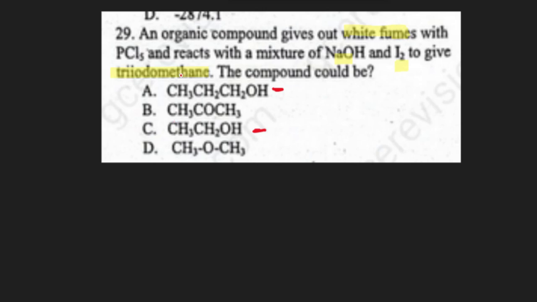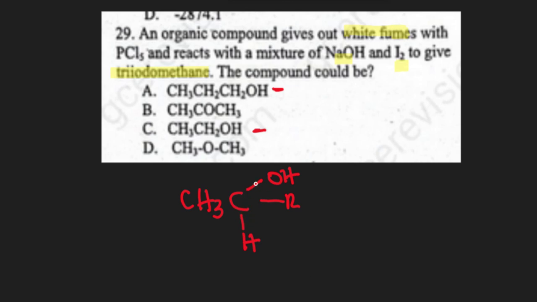Now, between A and C, which one can give triiodomethane when reacted with sodium hydroxide and iodine? The condition for alcohols to give a positive iodoform test is a methyl carbon, OH, with R and hydrogen.